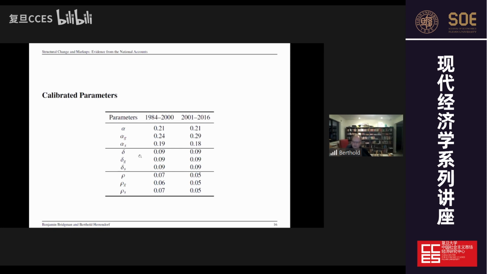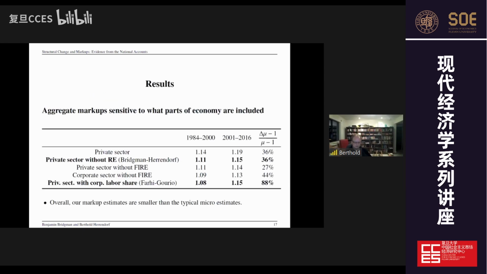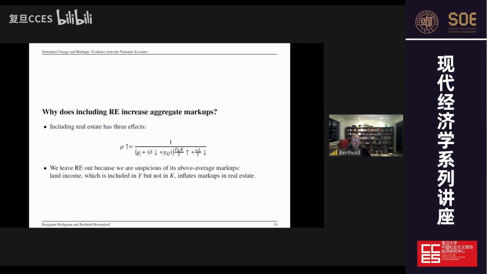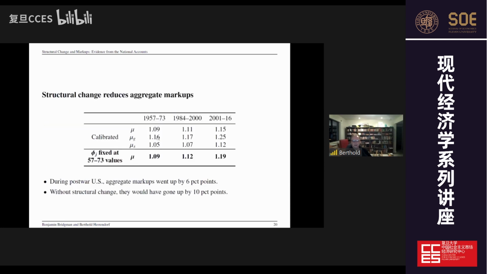Okay. So let me show you the main result then, and then I'm done in an hour. Now we do something in addition. This is what I was just mentioning to you. We don't want the 70s, so we stop in 73. And we take again 16 years. So we start 57 to 73.